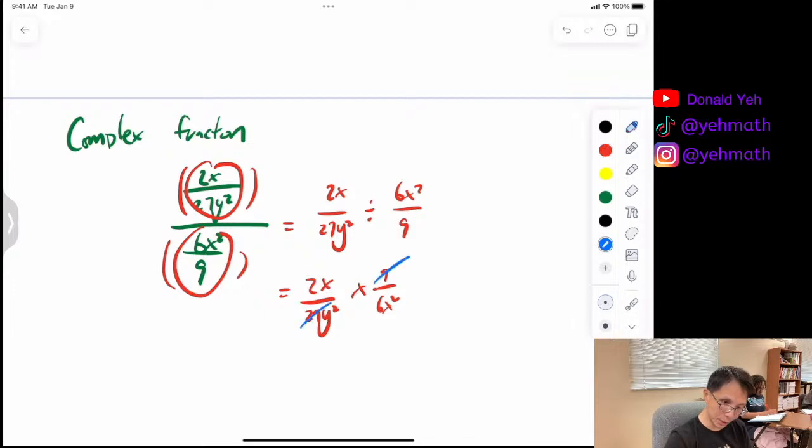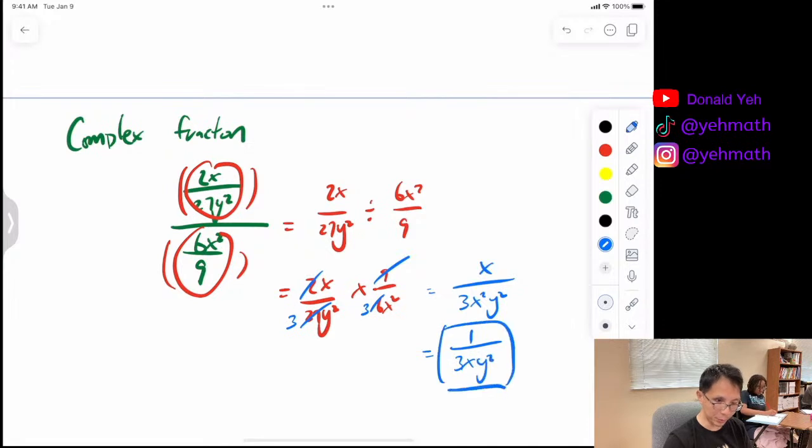That is going to be 3. And this is going to be 3 as well. So that bottom is going to be 3x squared y squared. On the top, it's just x. Now x and x can cancel out. That's going to be 1 over 3x y squared, and that will be the simplest answer.